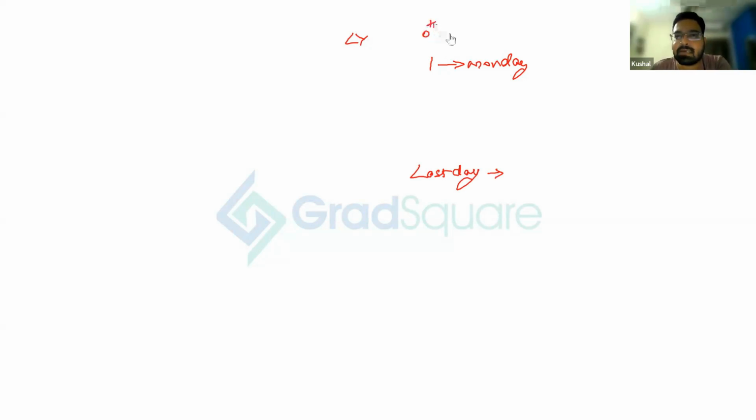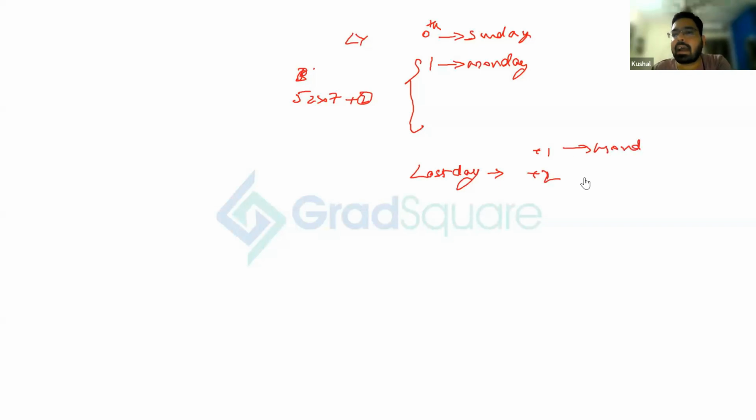That means my zeroth day will be Sunday. Correct? Now I'm looking at a bunch of 7 days and I know that a leap year is 52 into 7 plus 2 more days. Correct? So the last day will be the plus 1 and plus 2 that you are talking about. So plus 1 was a Monday and plus 2 will be a Tuesday.